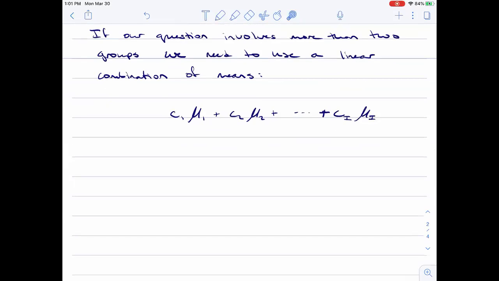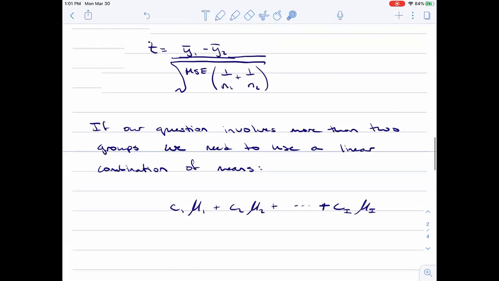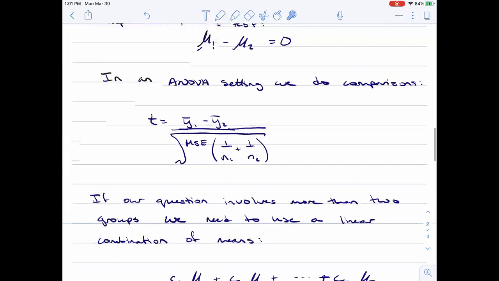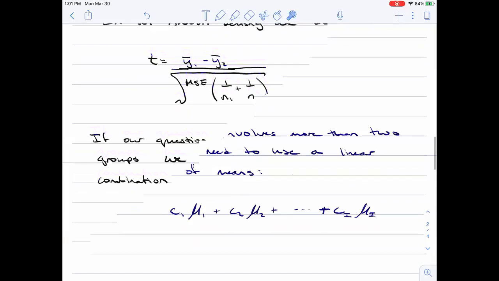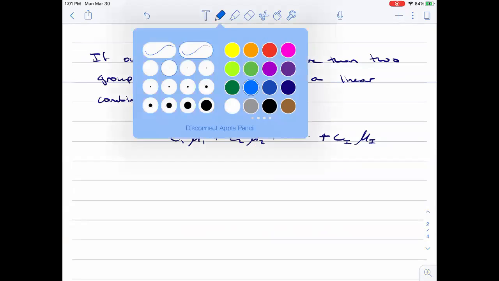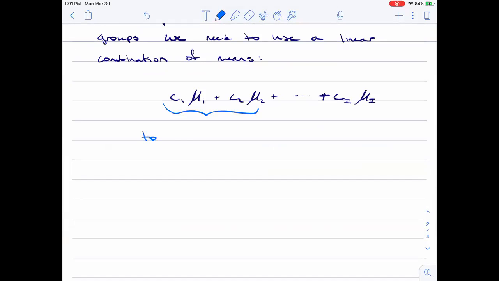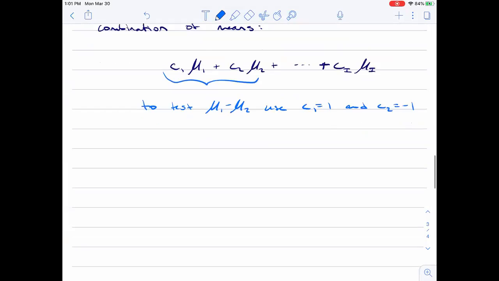Notice that if we're looking back at mu1 minus mu2, if we want to test mu1 minus mu2, we would just replace this here. To test mu1 minus mu2, use C1 equals 1 and C2 equals -1, and all other Ci equal to 0.